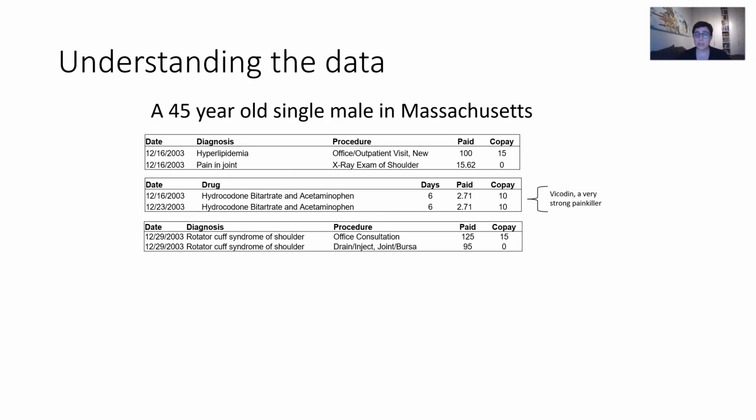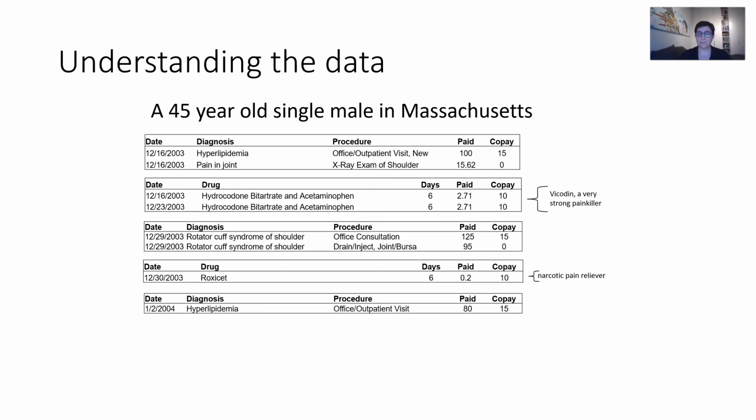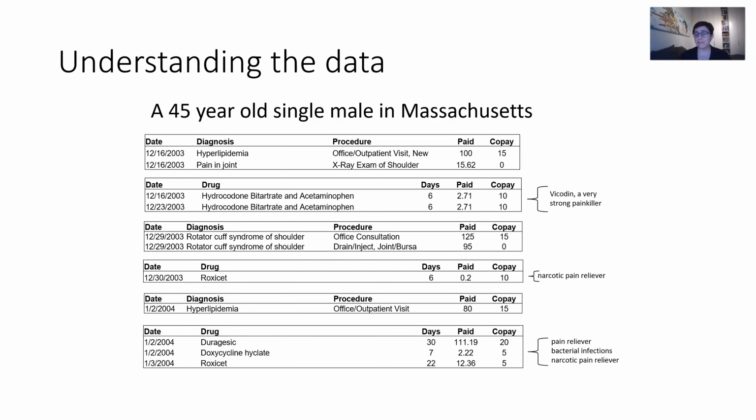Right before New Year's, he visits the office again, and this time they drain the joint. And again, we see very strong painkillers being prescribed. This is followed by an office visit just after the new year, and then even more pain relievers. There's also antibacterial medication, maybe to fight a potential infection in the joint.